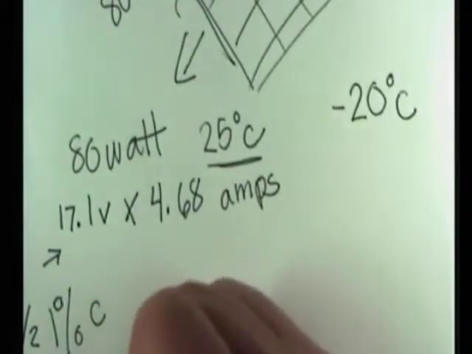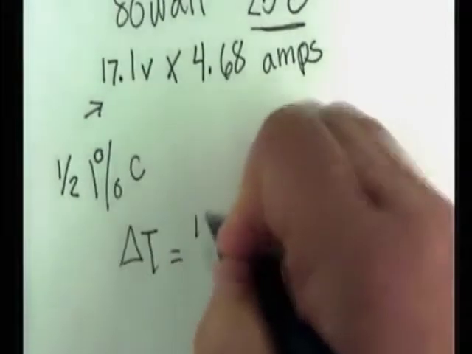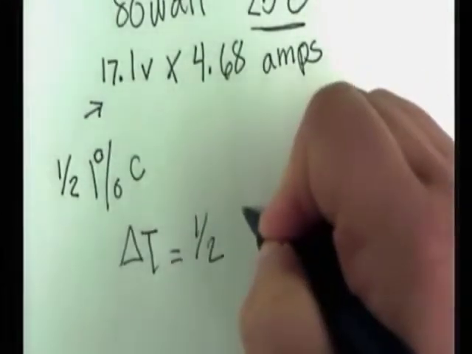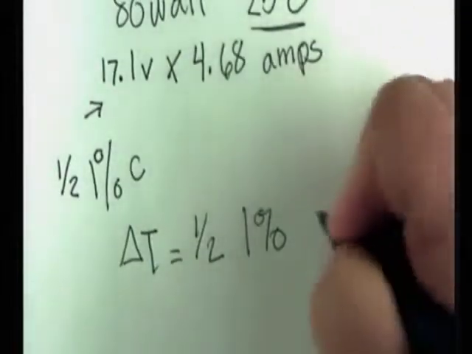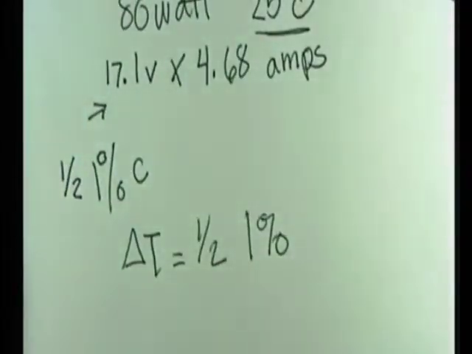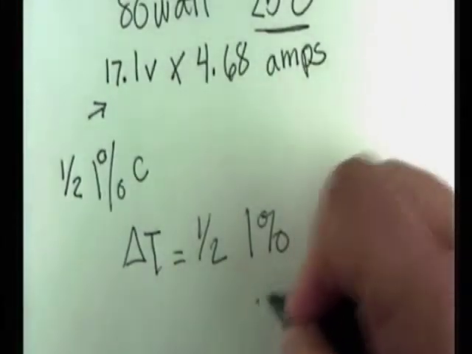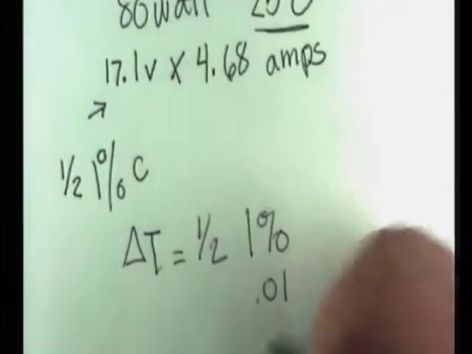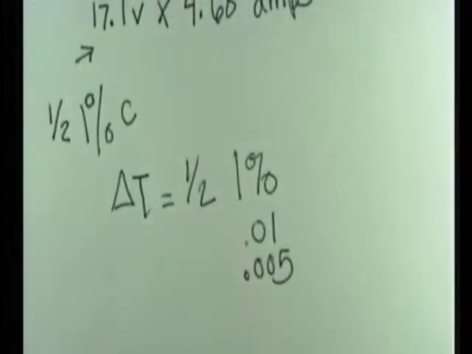Temperature change is delta T. So we have 1/2 of 1% for degree change. Okay, so what does that look like? Well, we know that 1%, if we were to write it, is 0.01, and half of that is 0.005. So those are going to be some numbers that we're going to use.